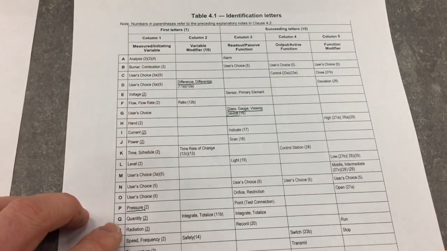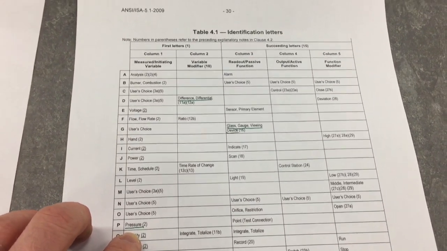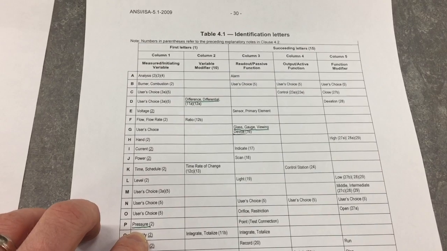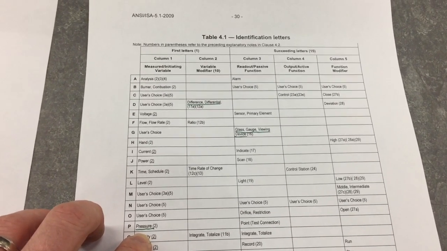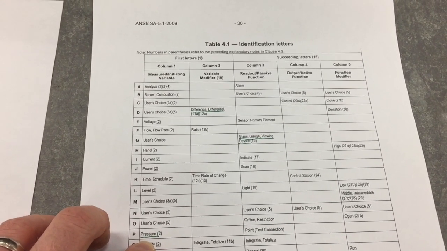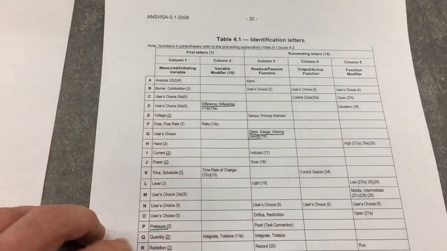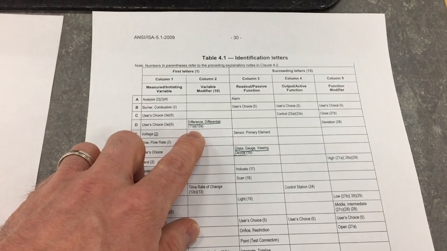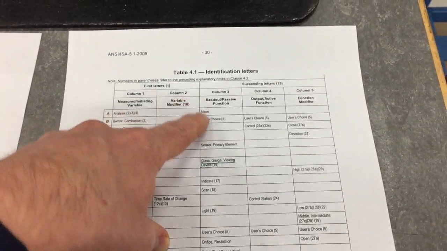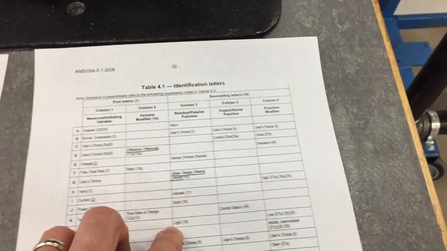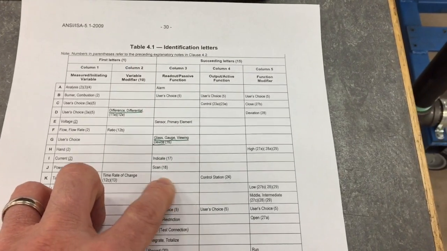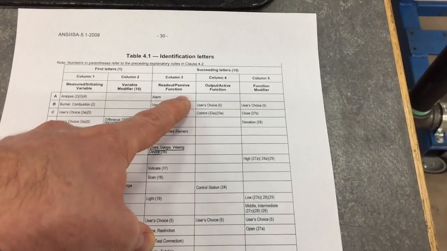So let's go down to P here. P is pressure. If we need to indicate any more details, which we do here because this is a differential pressure gauge, we use the D over here for difference. So we first write P, then D, which means we're measuring a differential pressure. Then this line divides into our succeeding letters. We have our first letters and then our succeeding letters.